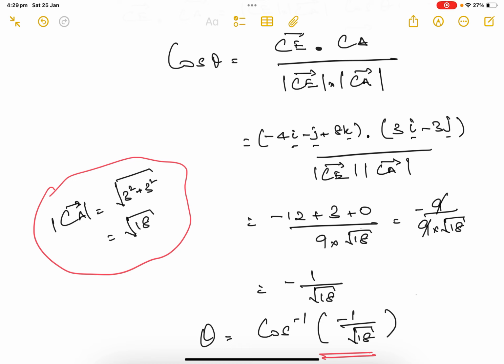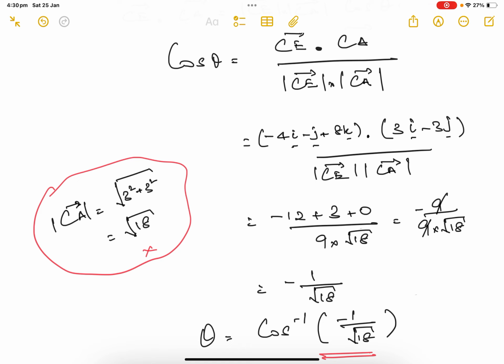So minus 12 plus 3 divided by the modulus of CE, which we already found is 9, times the modulus of vector CA. Modulus CA equals the square root of the coefficient of I squared plus the coefficient of J squared. So 3 squared is 9, plus 3 squared is 9, inside is 18, root 18.